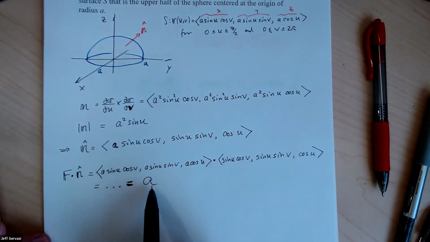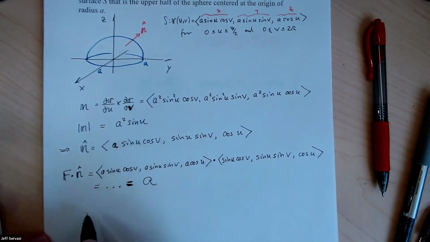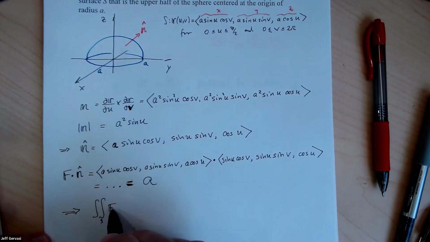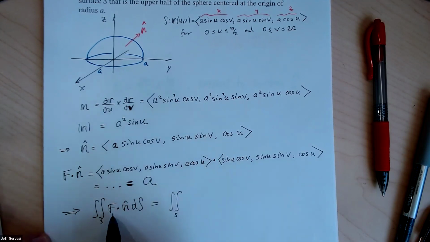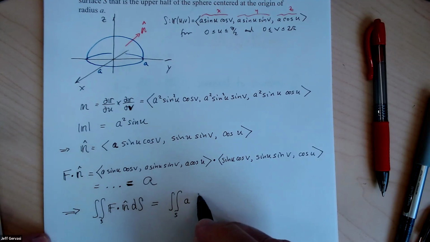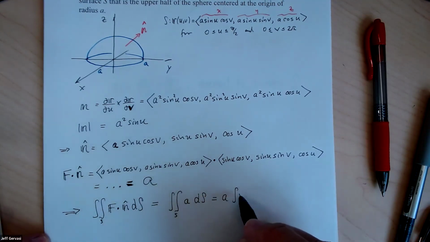Because that's a constant, I'm going to stop right there and say that the flux integral over the surface of what we just calculated, F dotted with N, is equal to the radius of the sphere, which I can move through the integral symbol.